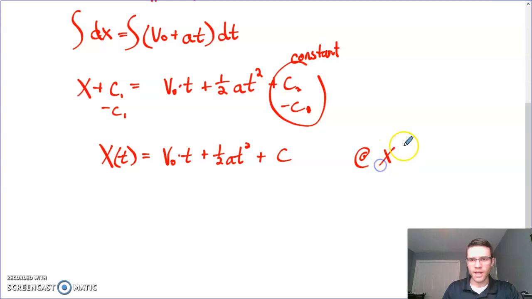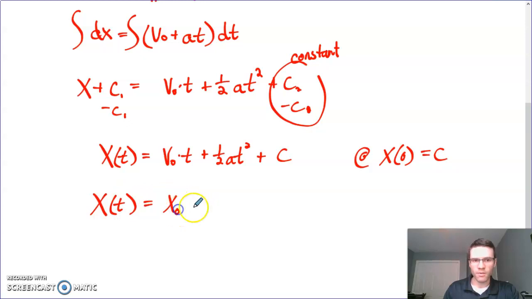Well, 0 for my time here will give me 0. 1/2 a times 0 is 0. So x of 0 is just equal to c, and so the constant is my initial position, and I could rewrite this equation in the form that we have seen before: my constant out in front, plus my initial velocity times time, plus 1/2 a t squared.